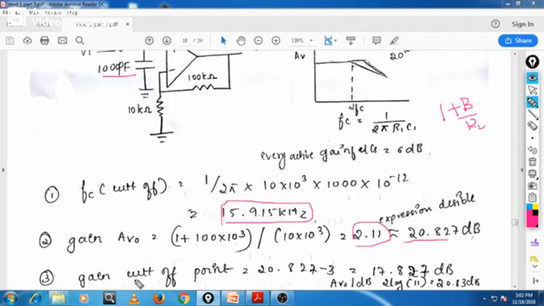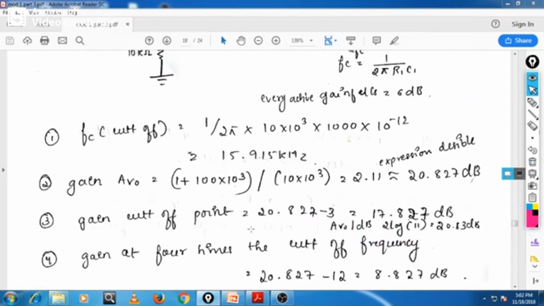So the gain at the cutoff point is 20.83 dB according to the calculation.